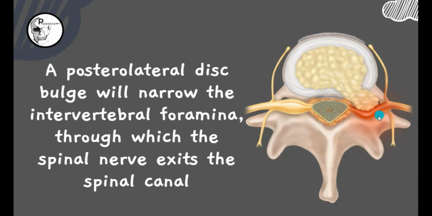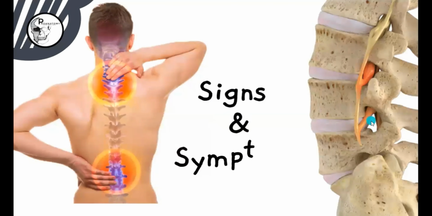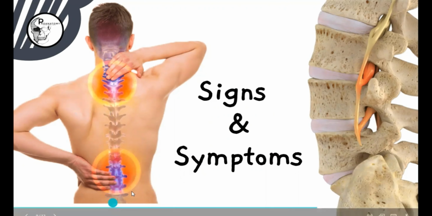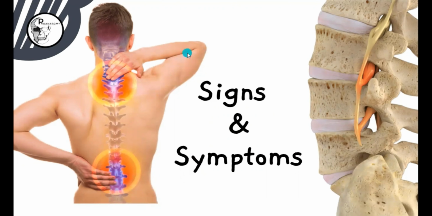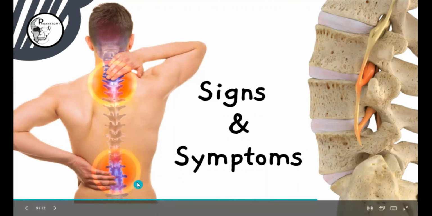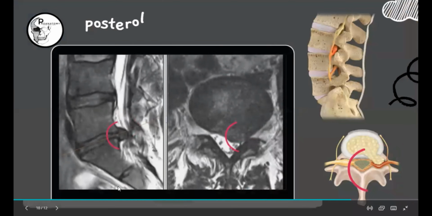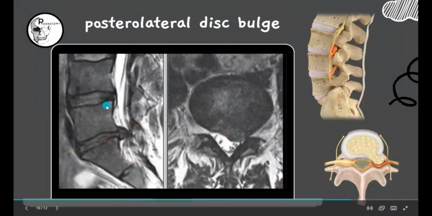This is how the neural foramina narrowing happens, causing severe pain over the neck region or the lower back region that can radiate to the limbs. Particularly, it can radiate to the hands, or to the legs when the lumbar spinal nerve roots are affected.